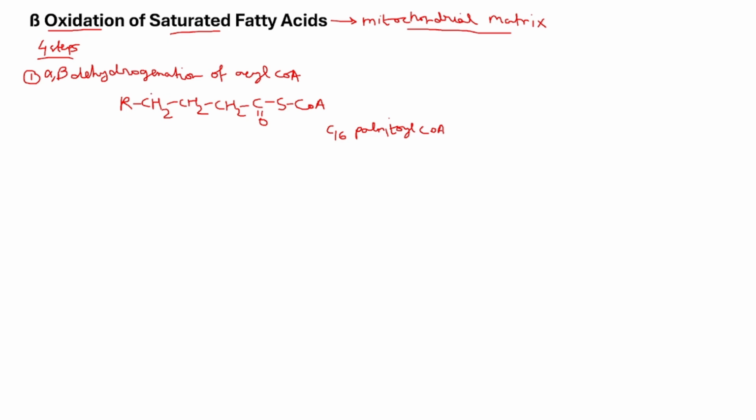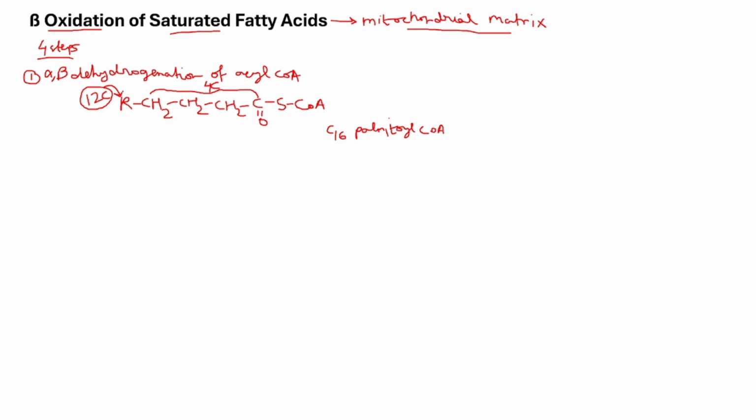So here I have shown only the 4 carbons, and the rest 12 carbons I am denoting by a common alphabet R, because it is not necessary to write the rest of the lengthy chain. Only I need these 4 carbon atoms.